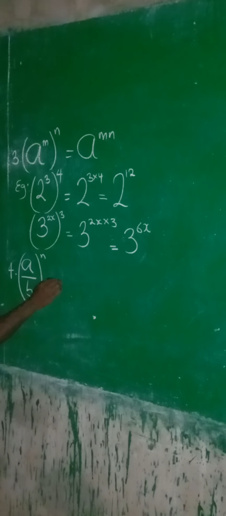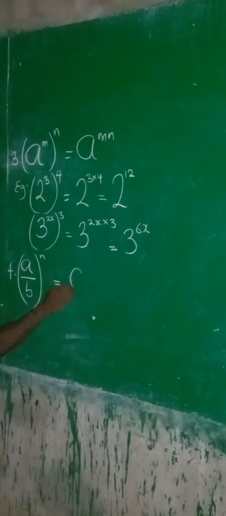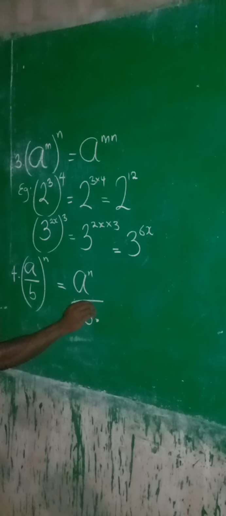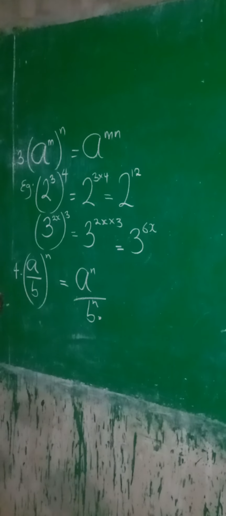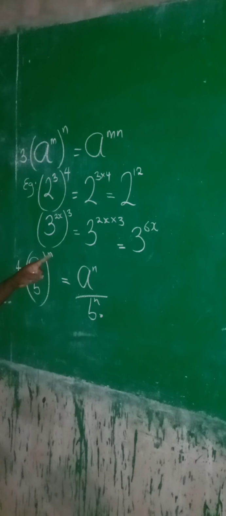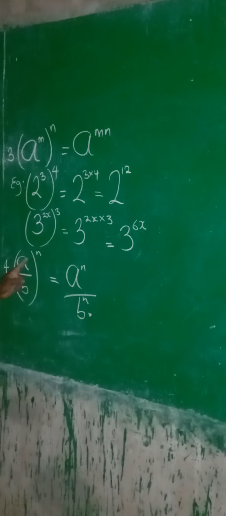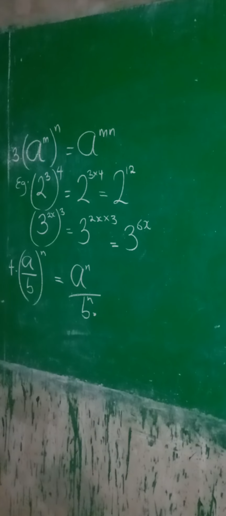This one is the same as a^n over b^n. So n will become the exponent of a, and also the exponent of b.